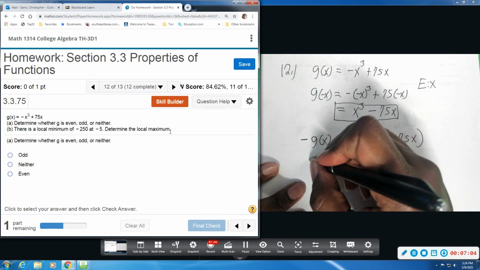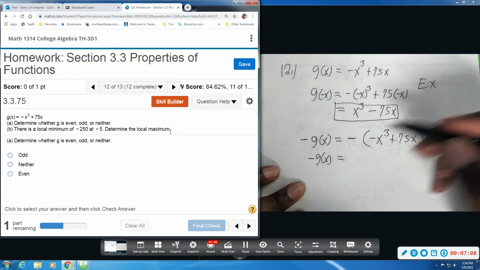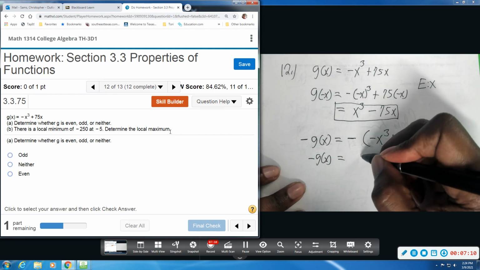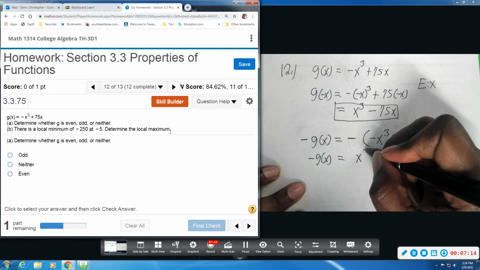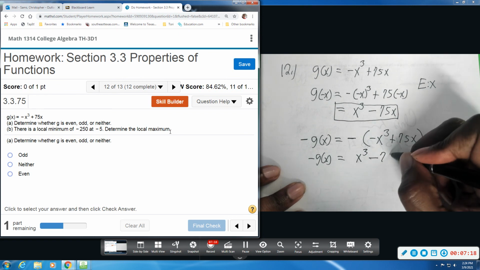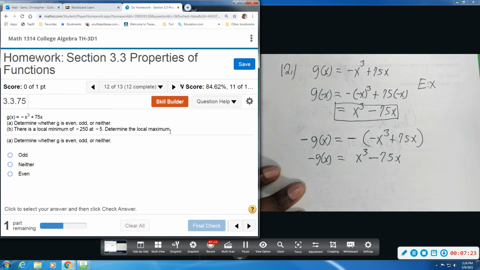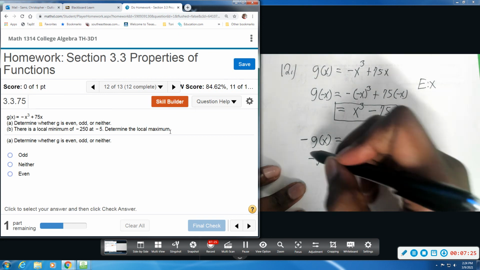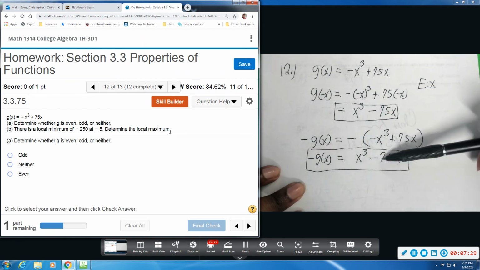And so negative g of x would give us a positive x cubed, and then that will become a negative 75x. So you just distribute this negative as if it was a negative 1, and this is what we end up with. Okay, these two equations match, so this is odd.